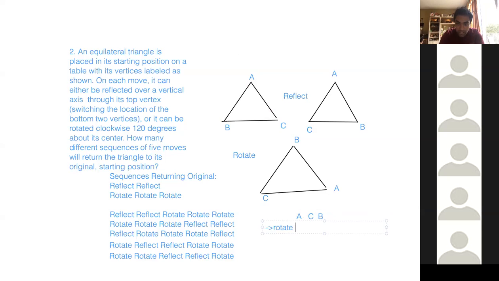That becomes BAC. Now reflect. What does that become? BCA, good.